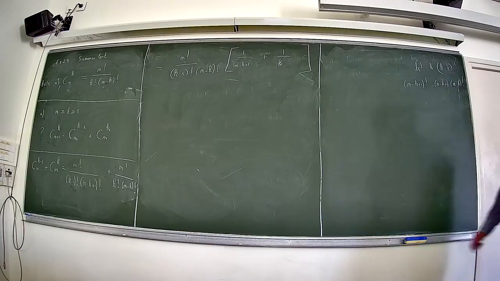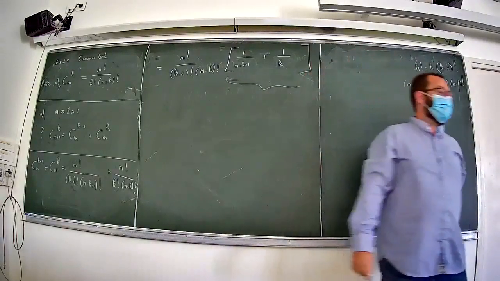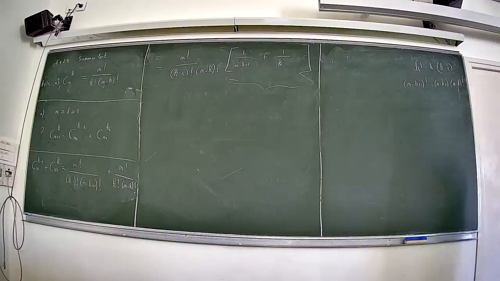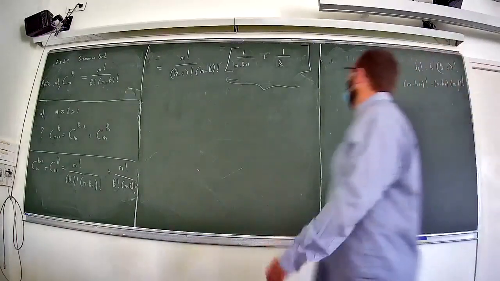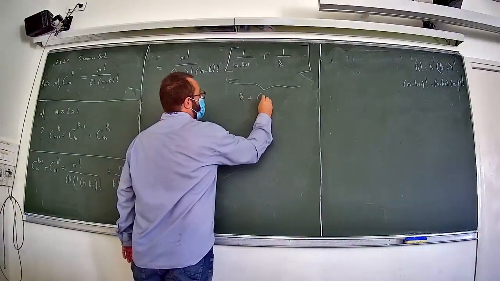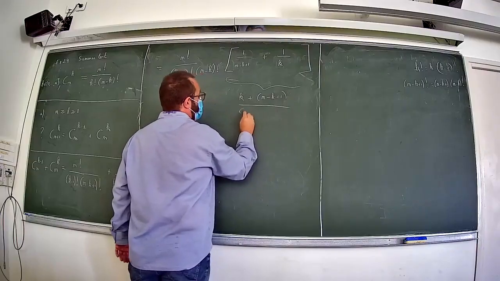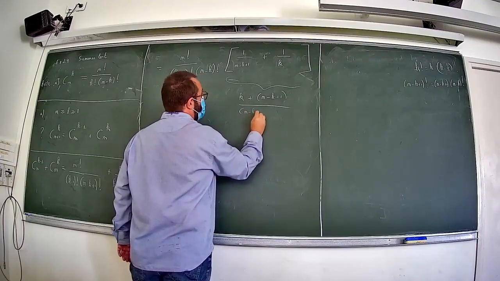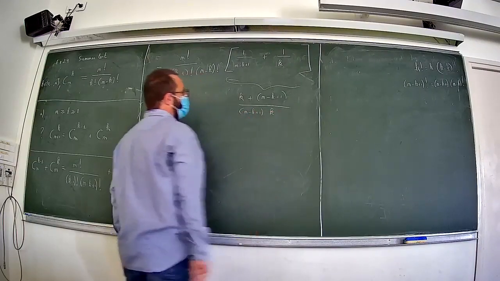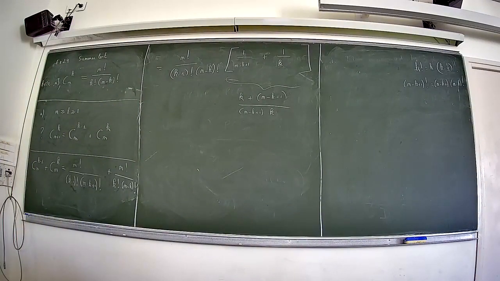I can try to see what happens if I do the sum. To do the sum, I have to put them into the same denominator. That's what we are going to do, and I obtain (k + n - k + 1) over (n-k+1) times k.